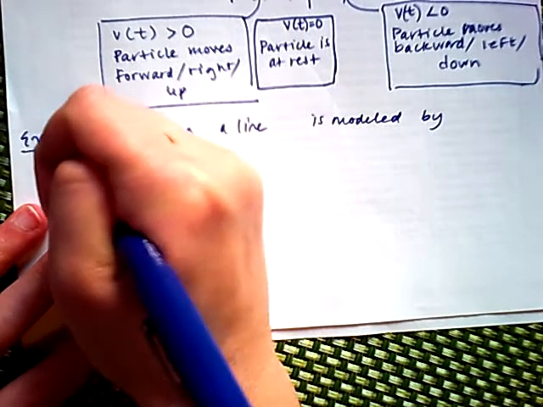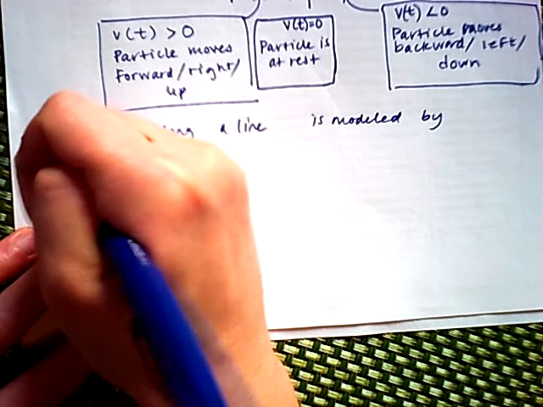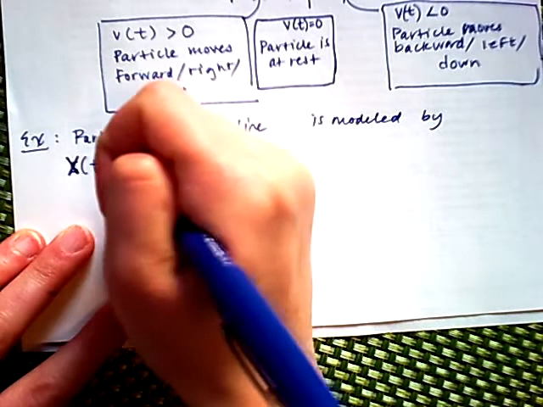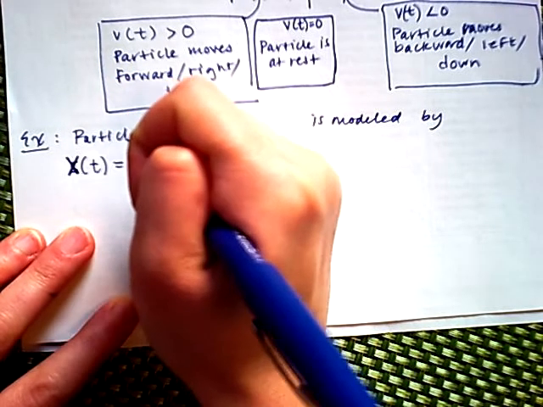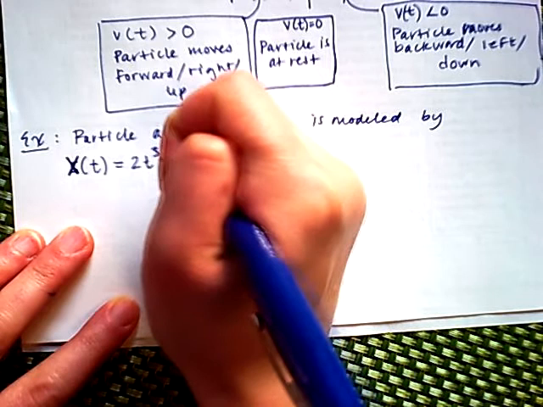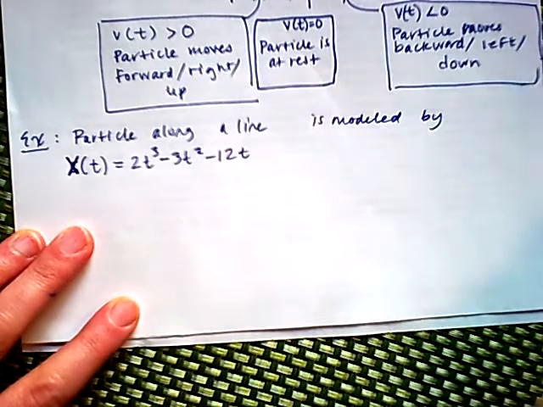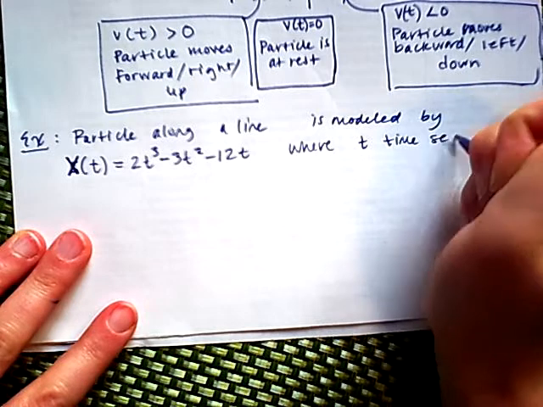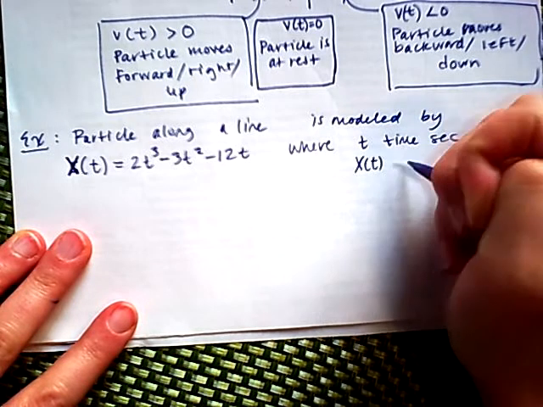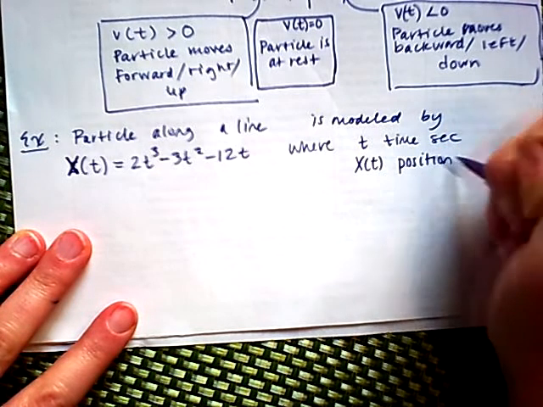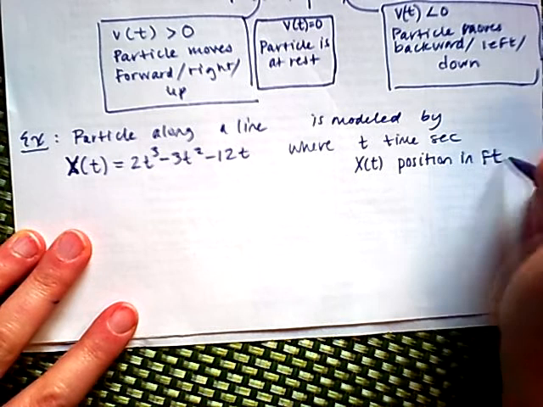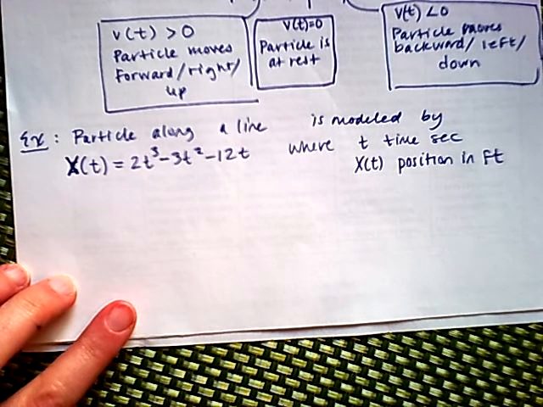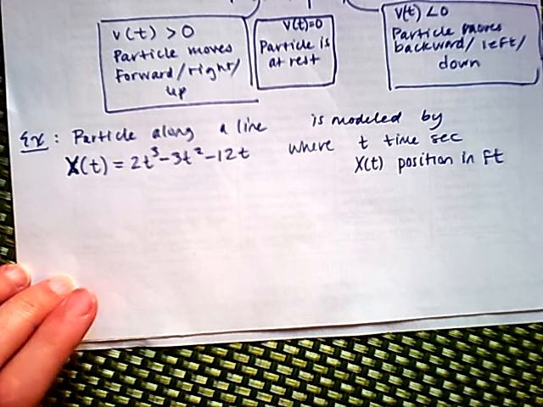I'm going to use x: x of t, where the input is t, equals 2t to the third minus 3t squared minus 12t, where t is time in seconds, and x of t is position in, say, feet.